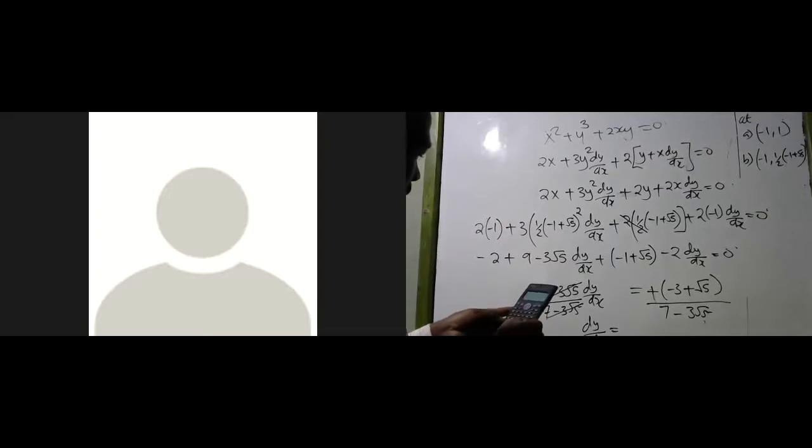So we are just going to write that divided by 7 minus 3 root 5. Then the answer becomes minus 3 minus root 5 over 2.